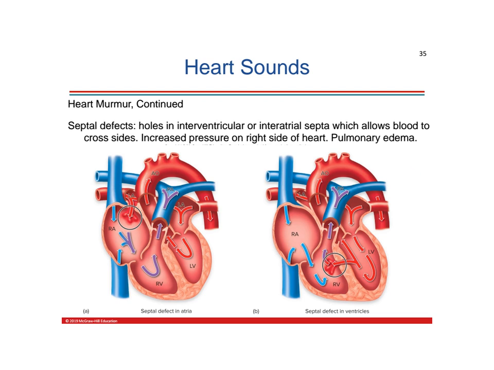Now, generally, as I mentioned earlier, the left side of the heart is more muscular than the right side. So generally what will happen is you'll have blood flowing from the left side of the heart into the right side. So this increases the pressure on the right side of the heart.